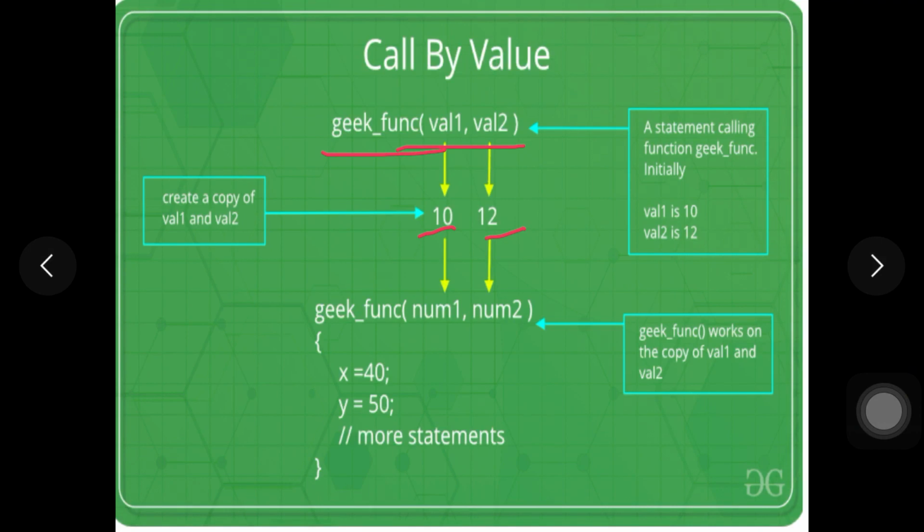Now what happens is these values we are passing to geek function will be copied into the variables of that particular function. You can see down here we have geek function num1 comma num2.